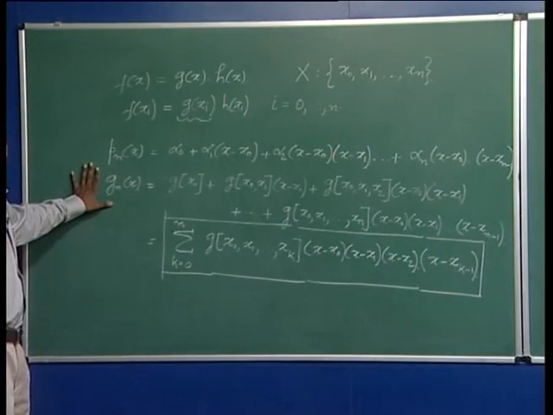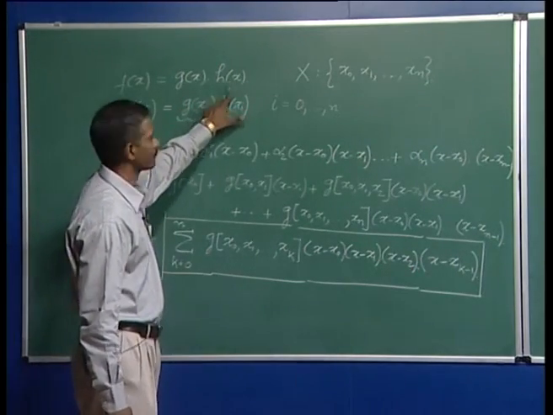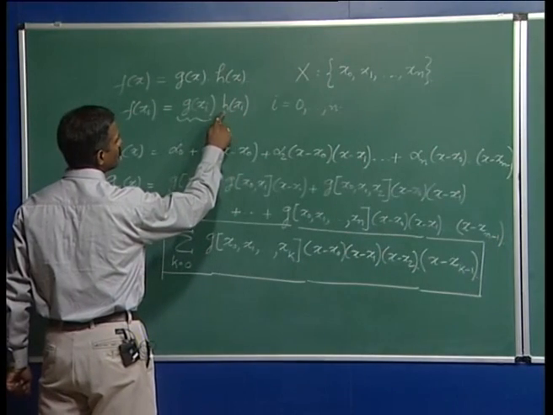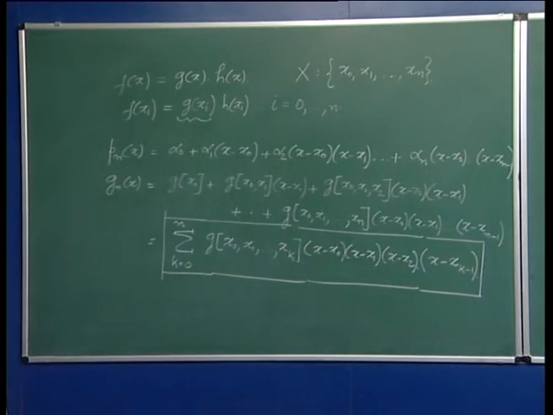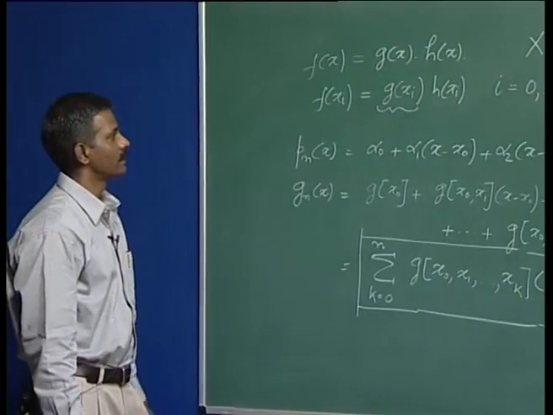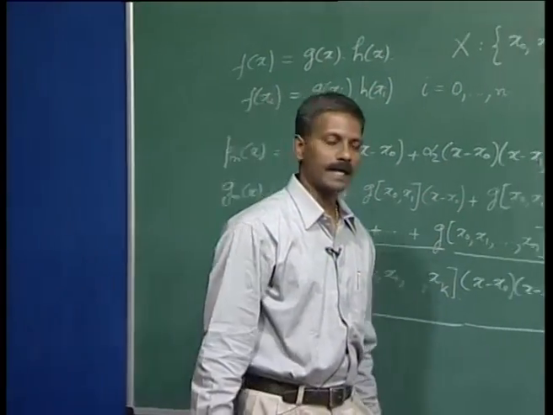Now, we'll do something very similar for h of x as well. We have n plus 1 values of h of xi available to us. It should be possible for us, therefore, to construct a polynomial of degree n in h as well, but we'll use a slightly different trick.